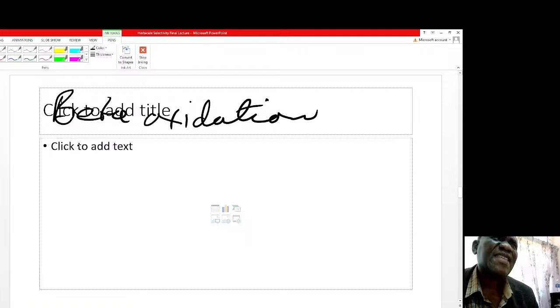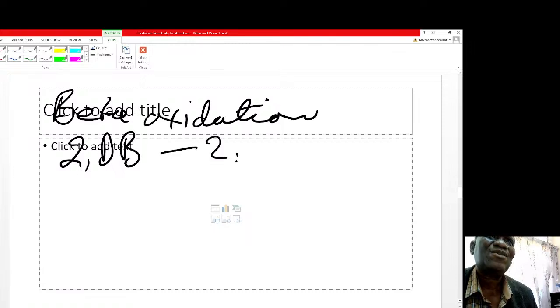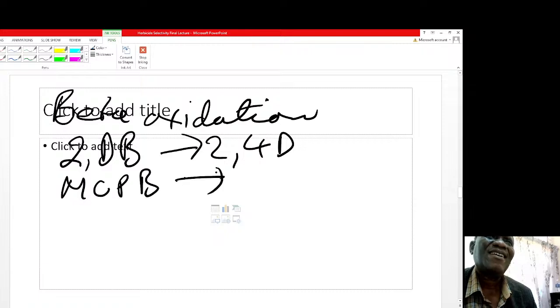Now, some herbicides like 2,4-D are applied as 2,4-DB. This is 2,4-D. We also have MCPB, which is converted to MCPA.